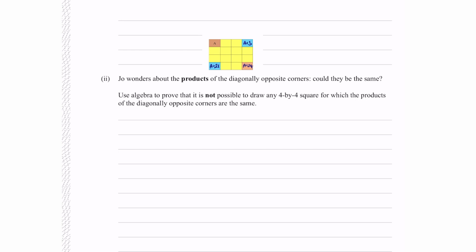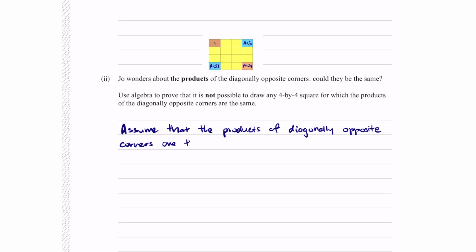So let's write our assumption first. We're going to assume that the opposite of what we want to prove is true. So we're going to assume that the products of diagonally opposite corners are the same for a 4x4 square.